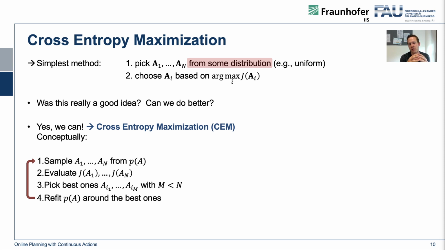We take a number M, which is usually much smaller than the number of samples that we have drawn from the distribution, and then we refit our distribution over A around these best ones that achieved very good results. So this is the idea behind cross-entropy maximization.